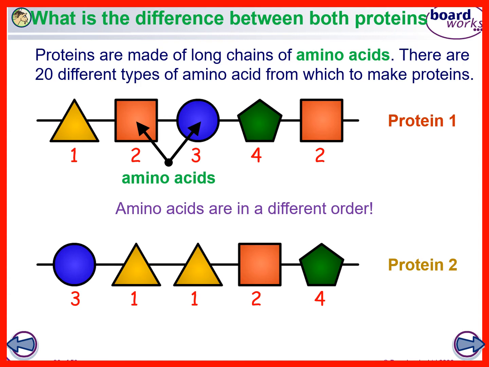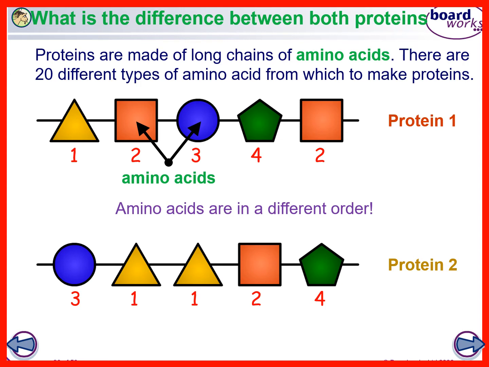So in the example of protein 1, you've got amino acid 1, 2, 3, 4, and then 2. And that would be the genetic code. So each of those amino acids represents an example you showed in the previous slide. Whereas in protein 2, you've got amino acid 3 first, then 1 again, then 2 and 4.